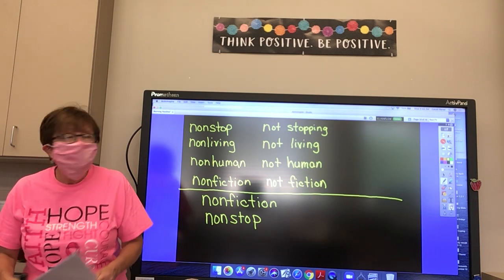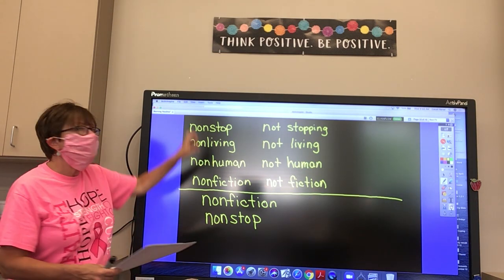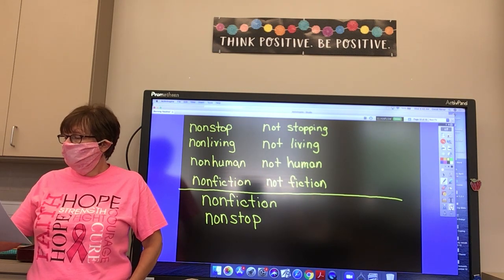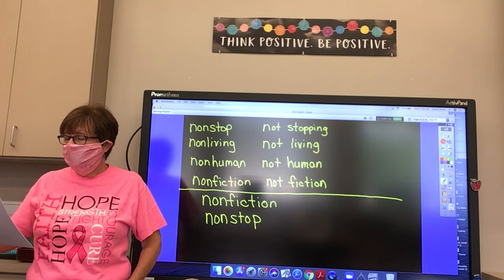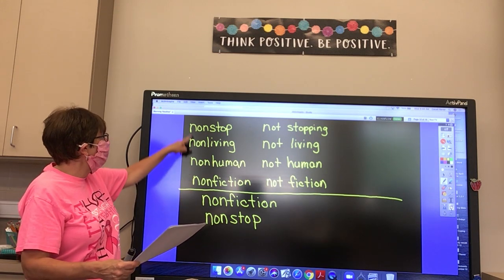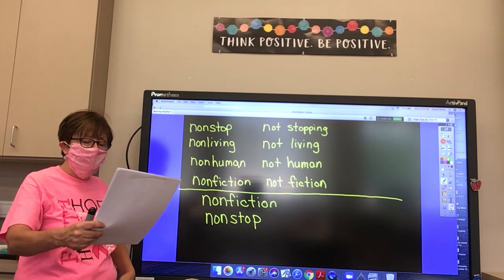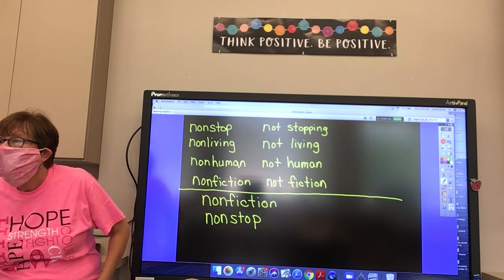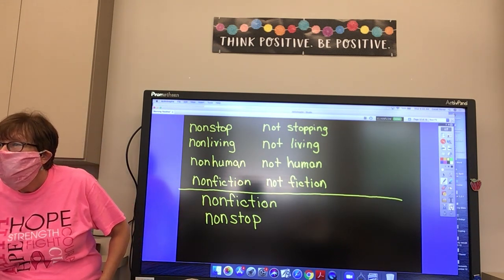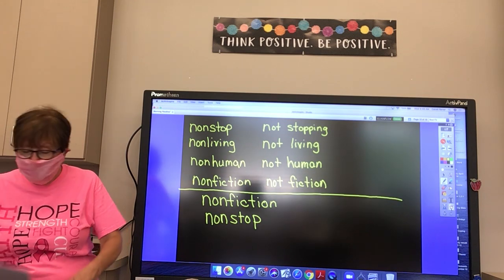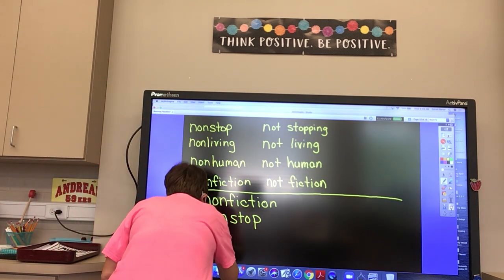Well, we're using one of these words, one of our words with our prefix. Not living or non-living? Non-living. Okay, non-living. That's good.